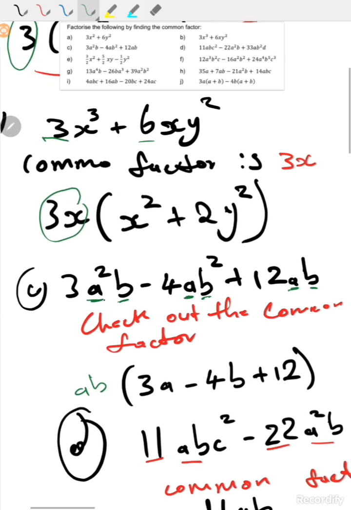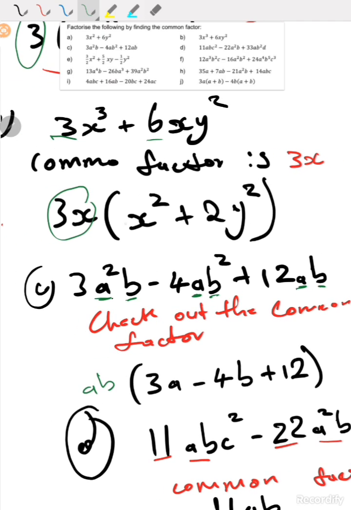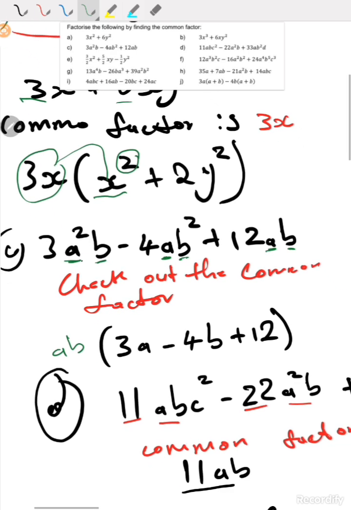Then you put 3 and x out of the bracket, then you put everything inside the bracket, meaning that you say 3x open brackets x squared plus 2y squared. Why did I say x squared here? Because of this cubed. When you multiply 3x by x squared, it is going to give you 3x cubed, right? That's how it is.